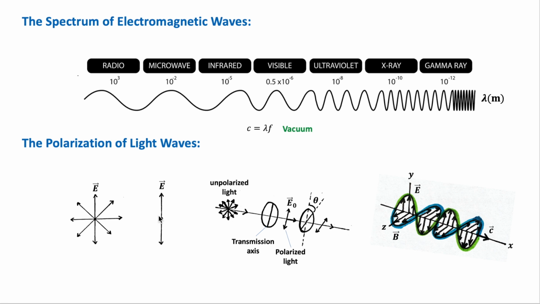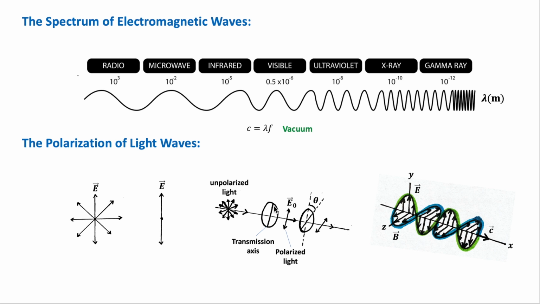And this can be done using a material known as the Polaroid, like this one. So in such a material, the molecules have selective absorption, where they absorb light whose electric field vector is parallel to their length, and transmit light whose electric field vector is perpendicular to their length. Okay?